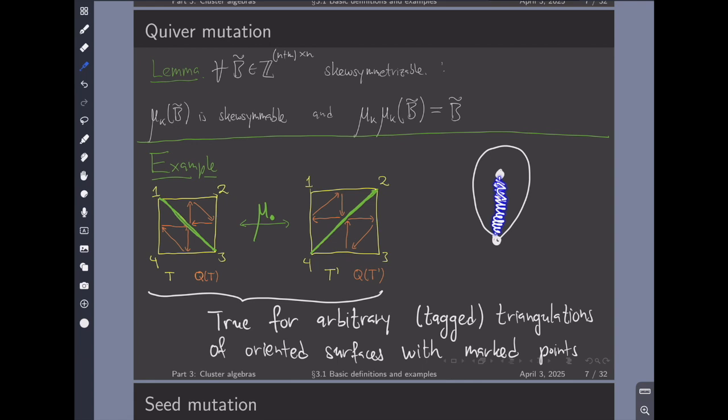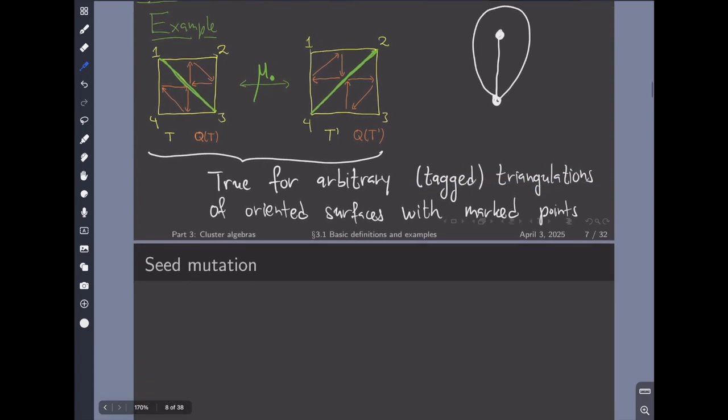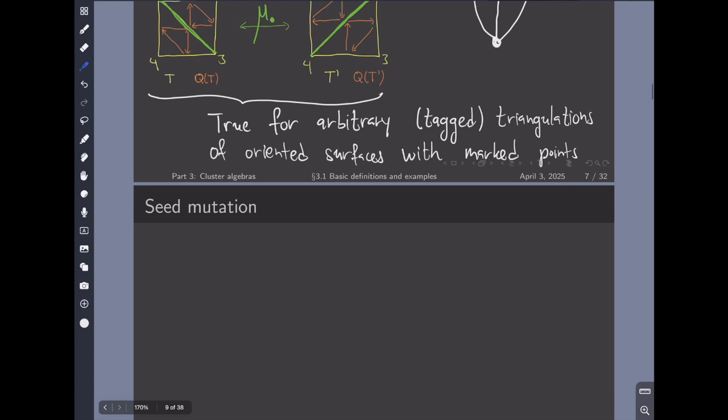So this one cannot be flipped. Hence, you perform some combinatorial trickery to enhance the set of what you call triangulations, and the new set is the set of tag triangulations. But at least for the moment, I'm not going to say more about this, and I will probably never say anything about it. Okay.